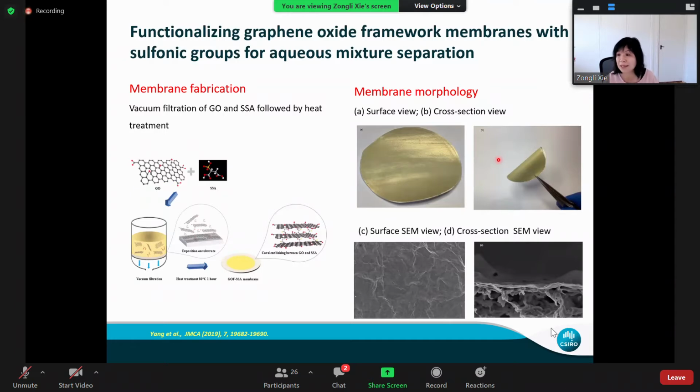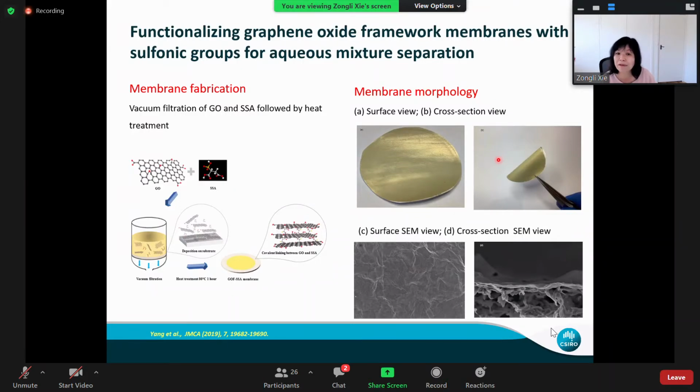We also look at graphene oxide and utilize a similar approach, because graphene oxide is even easier to swell. So how to control that interlayer spacing is important.